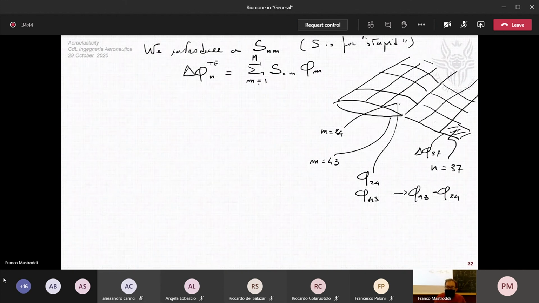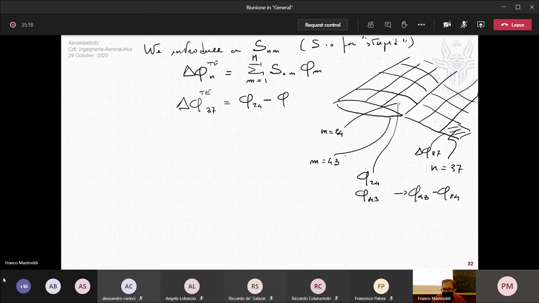What about S? Simple. You have to fill S in order to have delta phi TE 57 equal to phi 24 minus phi 43, upper minus lower.